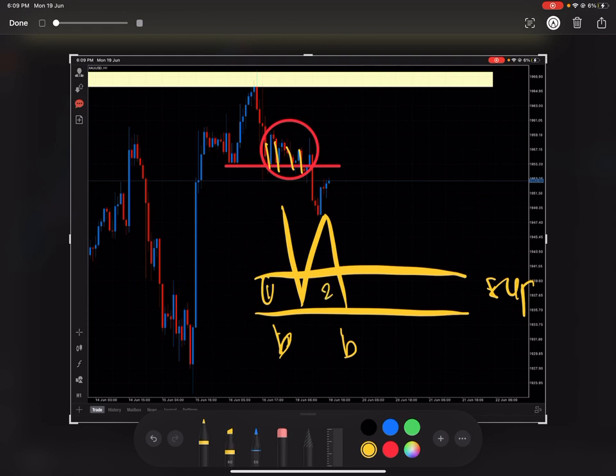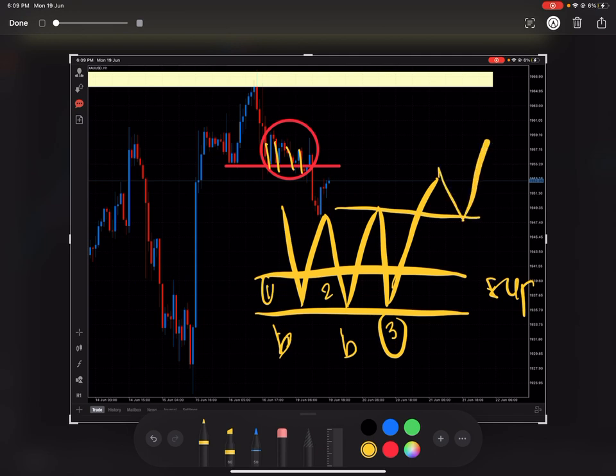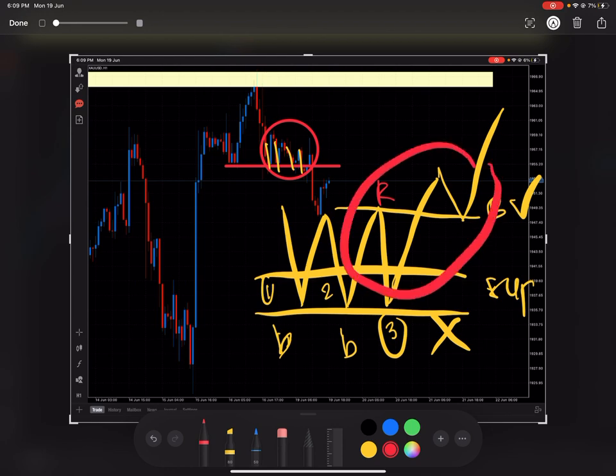First touch, second touch, but once gold pulls back for a third touch, please don't buy. Just relax, just wait for the next confirmation. If it still respects, we can buy if it breaks the resistance, and then we can buy here. Don't buy here, just buy at the highest price, which is the break of the resistance here. This is the confirmation that we need to wait for.